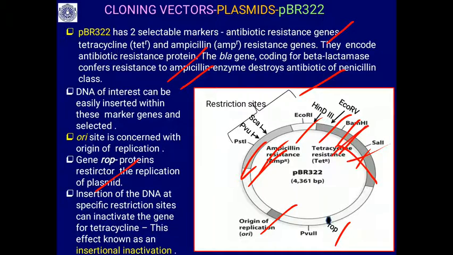By inserting the gene, we are destroying this gene, it is not going to be expressed. The tetracycline resistance protein is not going to be produced, so that has to be selected with ampicillin. So two types of selectable marker will be used.